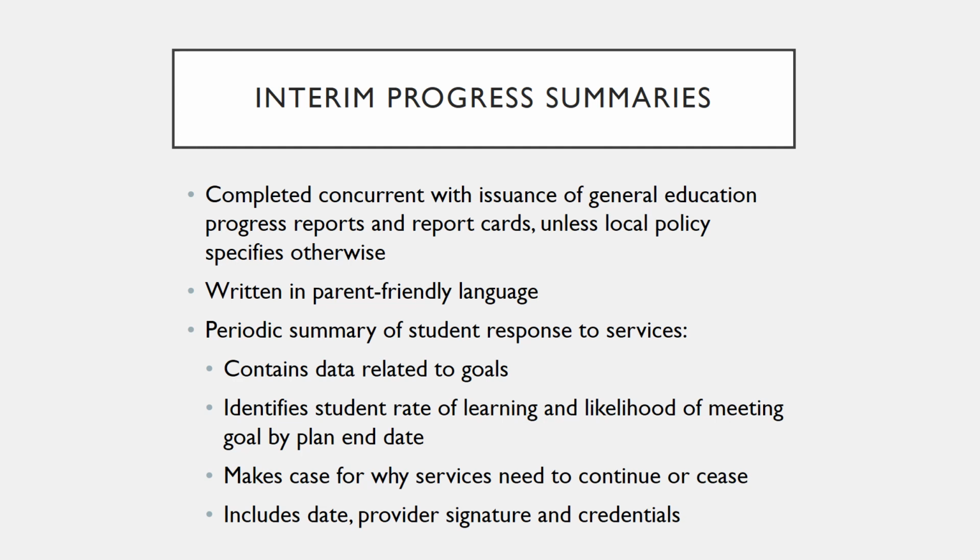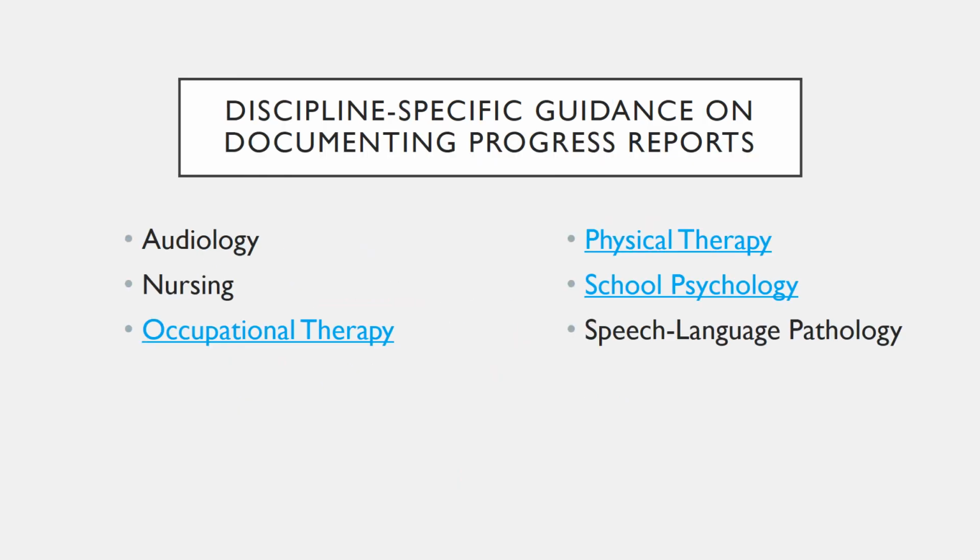We want to ensure that these progress summaries are written in parent-friendly language and that they include data related to the student's goals, that data identifies the student's rate of learning and likelihood of meeting the goal by the end of the planned date, and also makes a case for why the services need to continue or in some cases need to stop. And again, discipline-specific resources on developing progress reports can be found at these links.